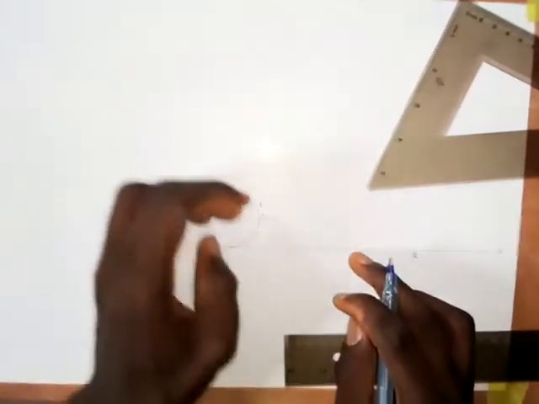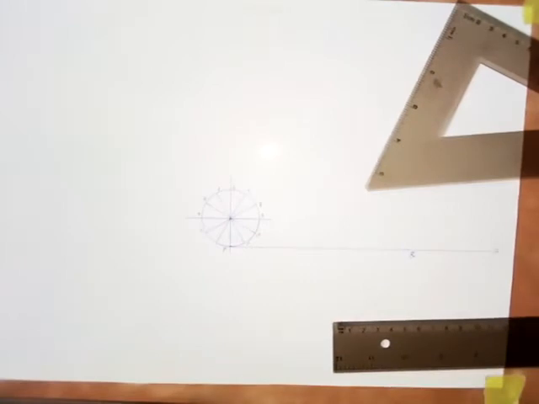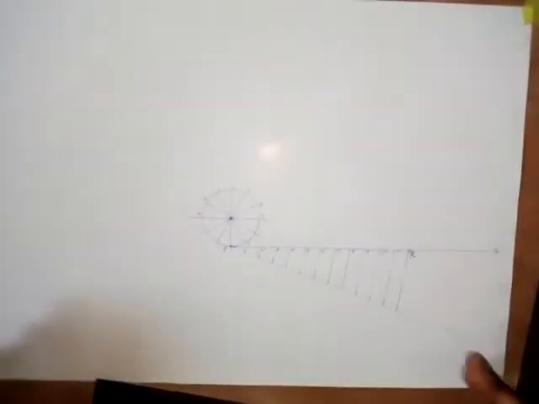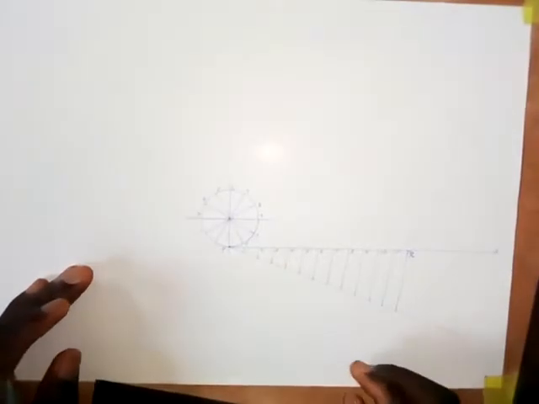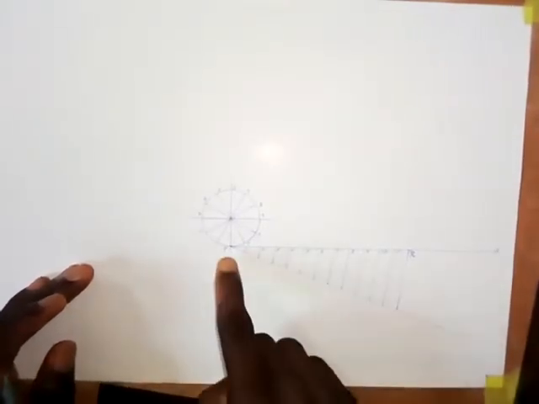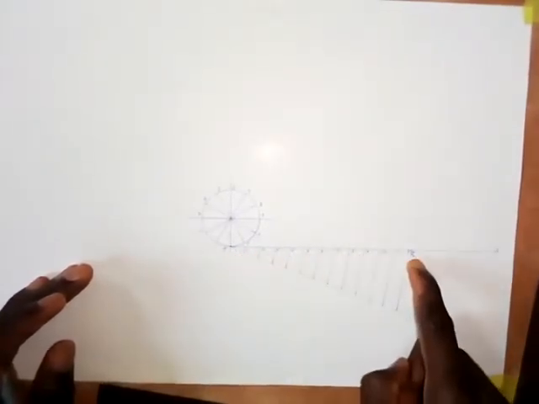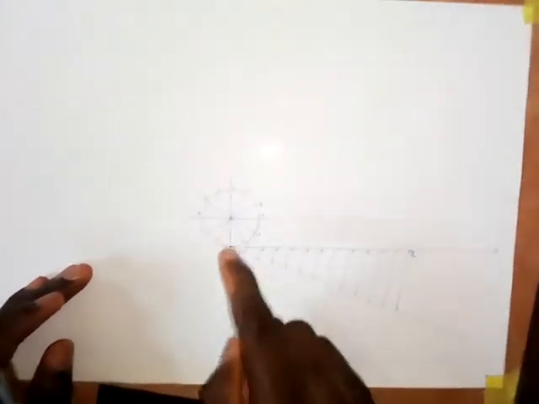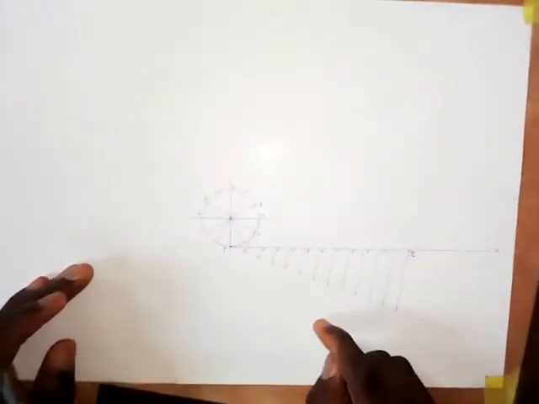Okay, the line has been divided into 12 equal parts.